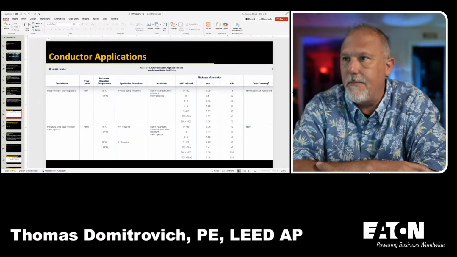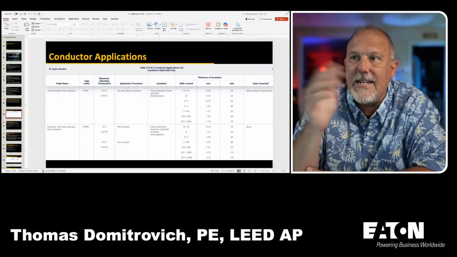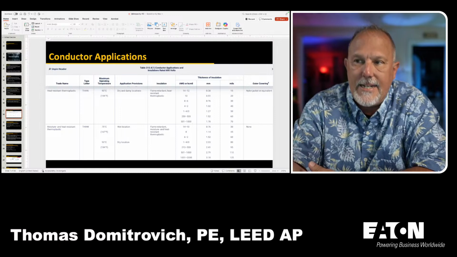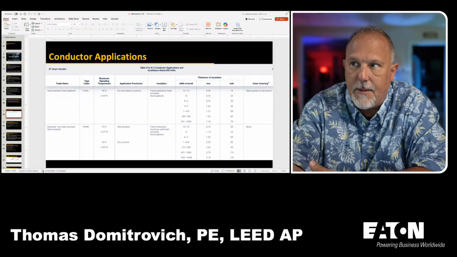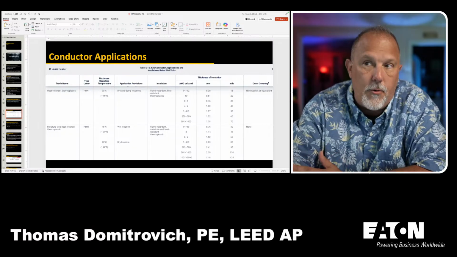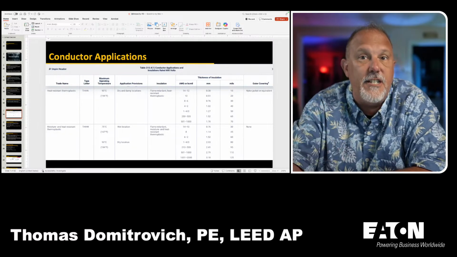I put THHN and THHW in here because THHN can be used in dry and damp locations. I can't use that in a wet location. I would have to use a THHW.